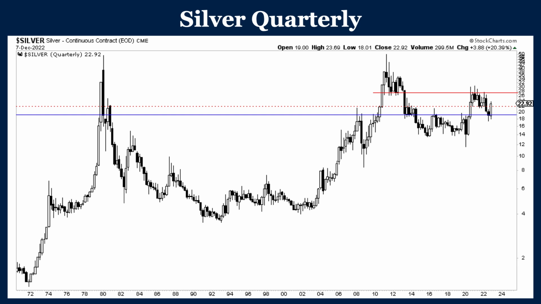So if silver can make a quarterly close at 27 or a little bit above, that's going to be very significant, because once you get silver trading above that resistance, on the quarterly chart you really only have resistance in the upper 30s. So there is some resistance in the mid to upper 30s after 27, 28. But that's really the key level moving forward.